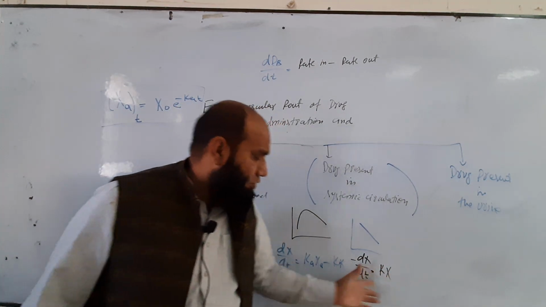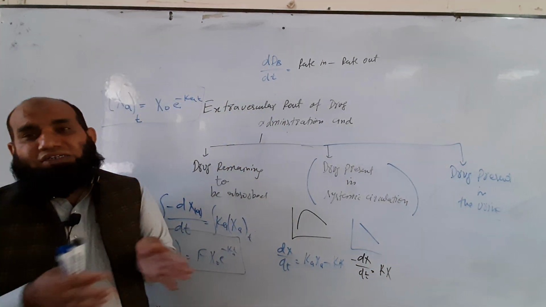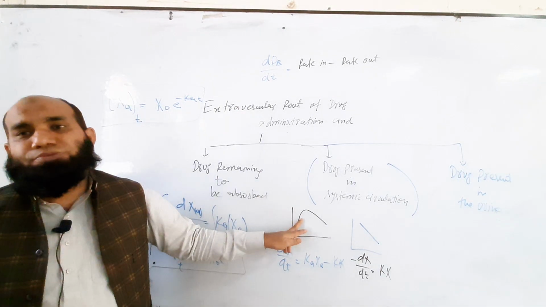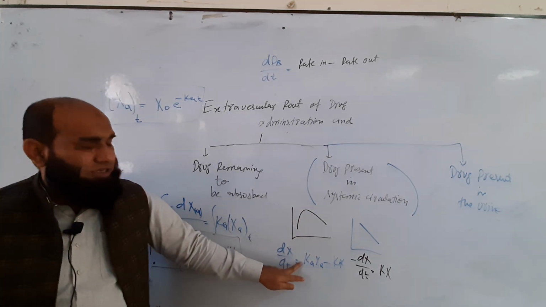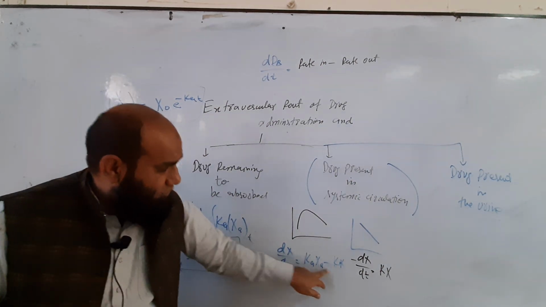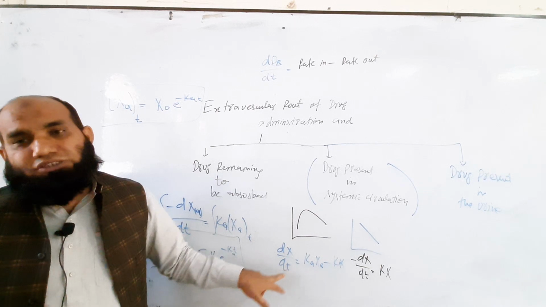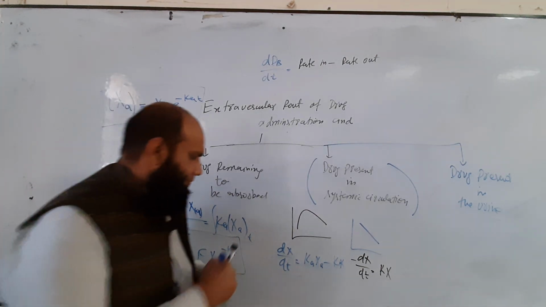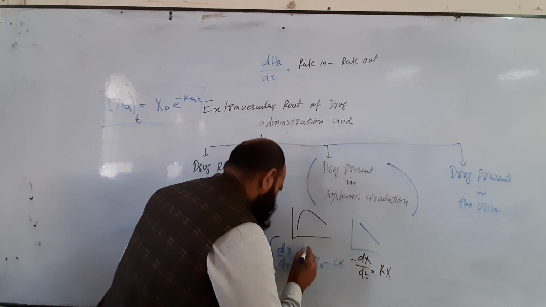This equation is now getting some expansion. Why? Because we have another phenomenon, that is absorption, and when we have Ka minus K, then we take the difference. We can calculate this rate, and then we can make a formula for the concentration of drug.